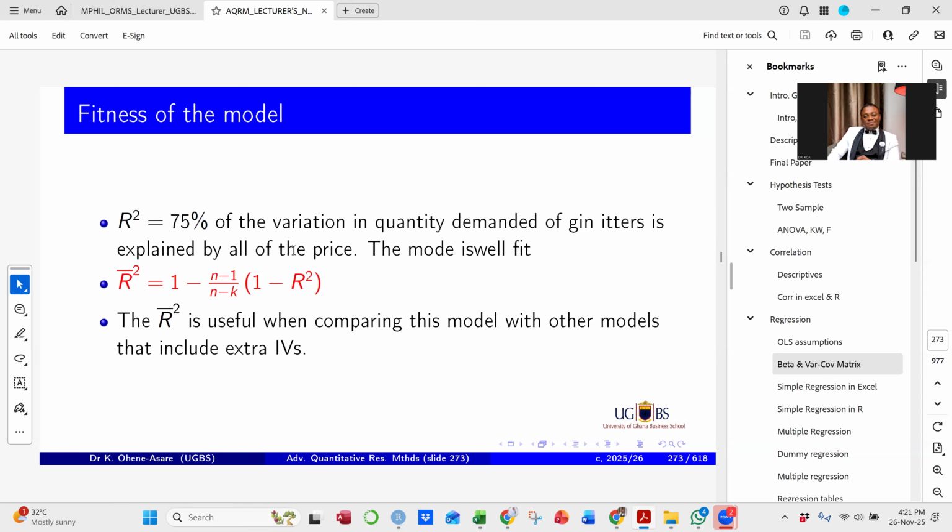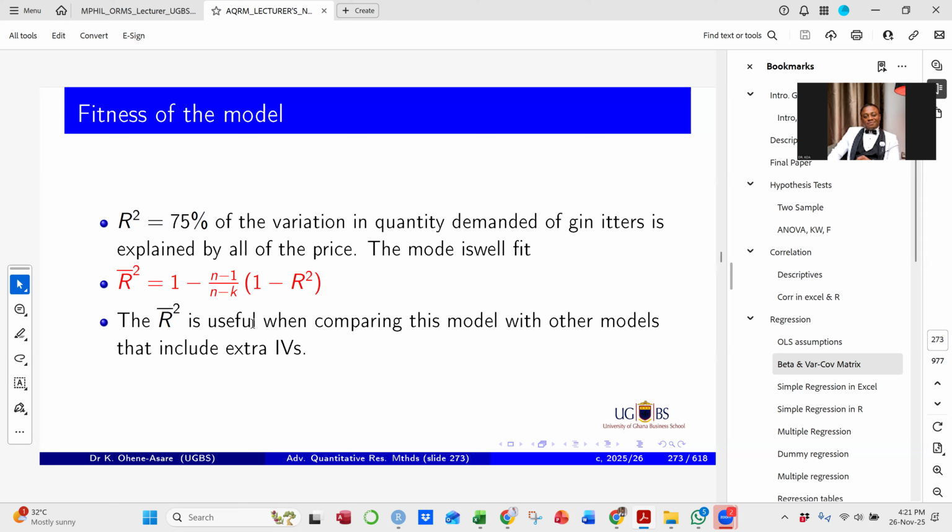That's the R-square. But there is another R-square known as adjusted R-square. The formula for the adjusted R-square is provided on your screen here. To calculate it, you just need the sample size, the number of independent variables, which is K, and the R-square itself.